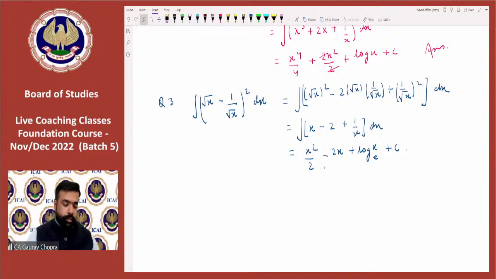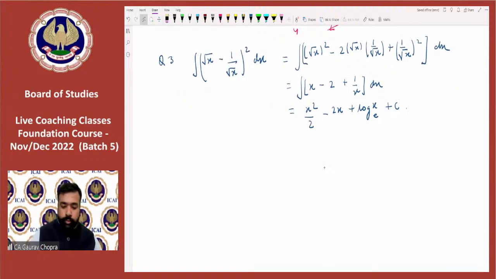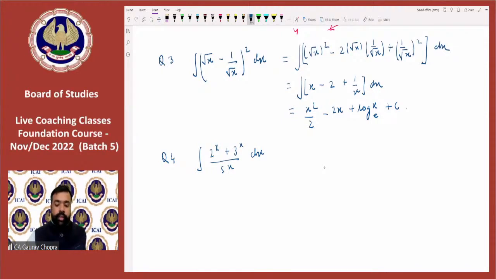All right. Then let's try the next one. Integration of 2 to the power of x plus 3 to the power of x upon 5 to the power of x. Now this time what needs to be done? So we can convert this first.